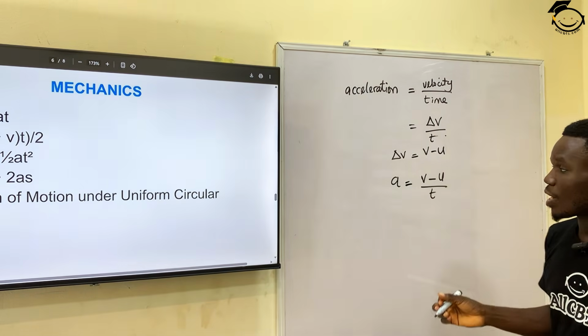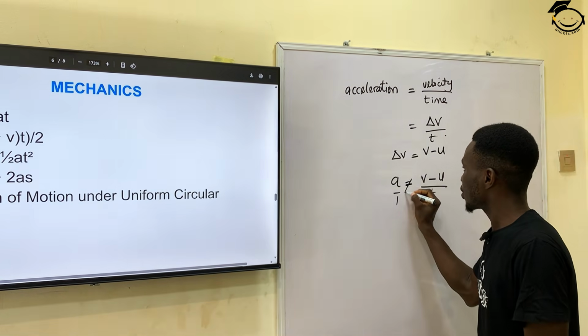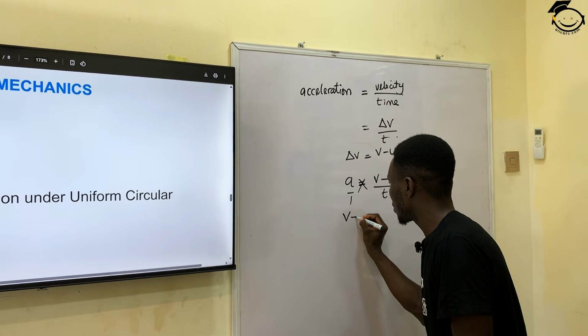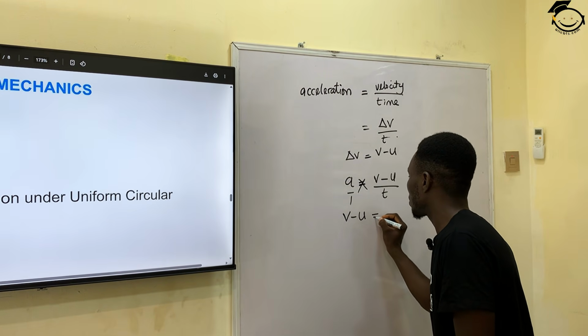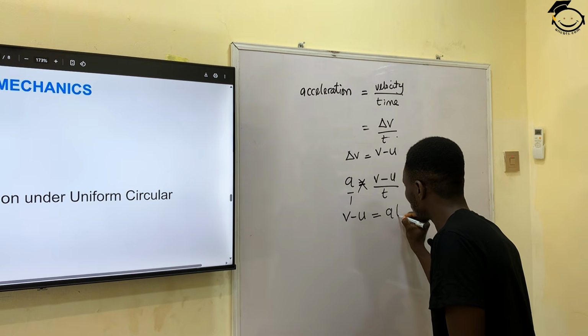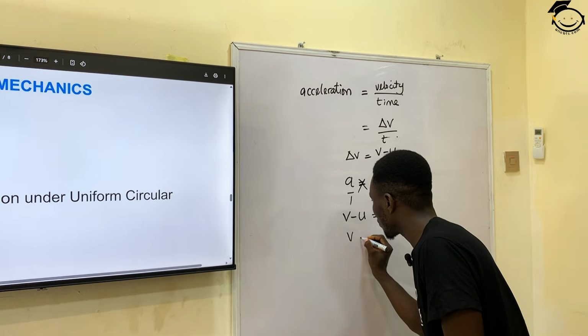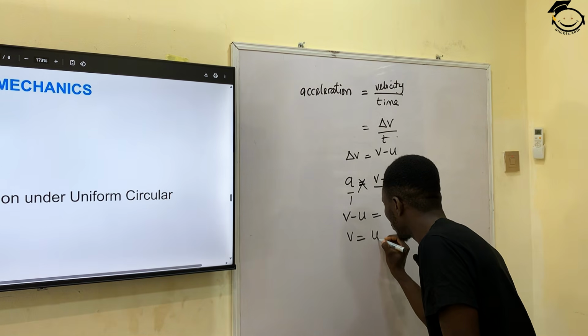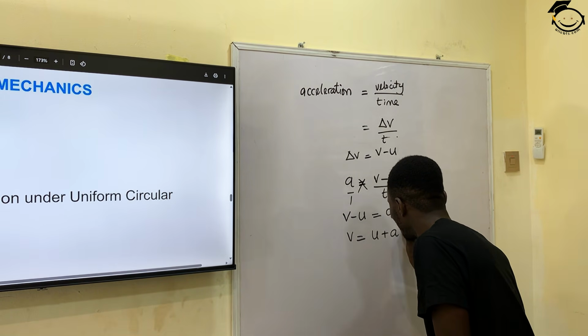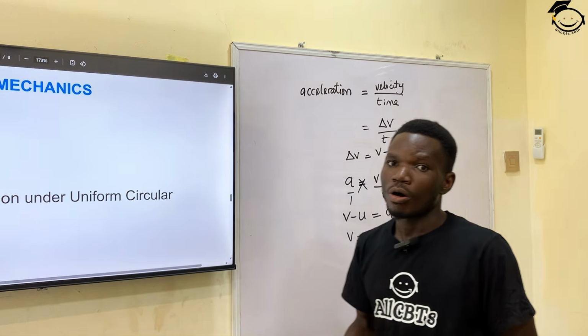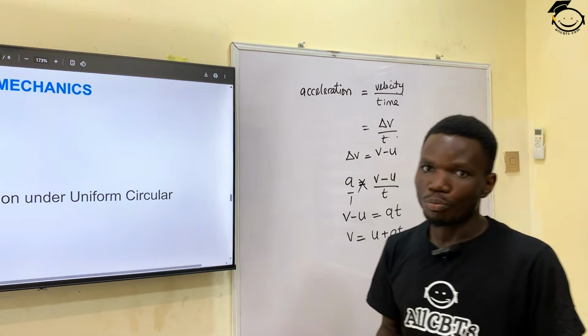From this, if I cross multiply, I'll have final velocity minus initial velocity equals acceleration times time. So if I move my u to the other side, it means that my final velocity is equal to u plus at.